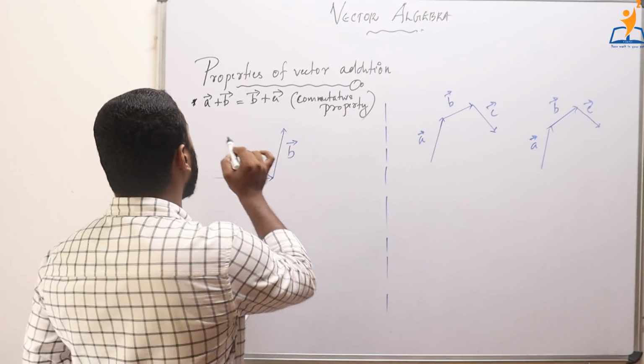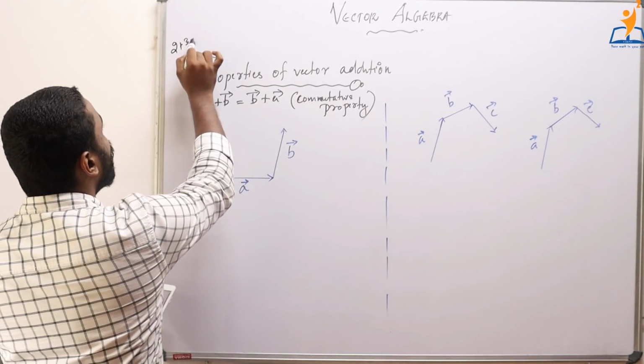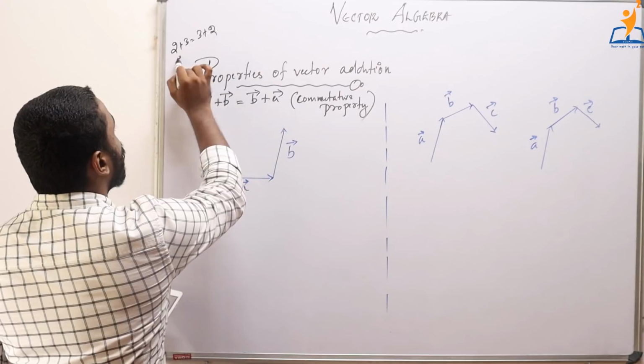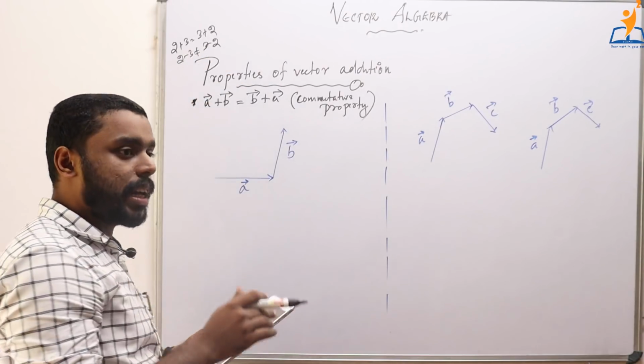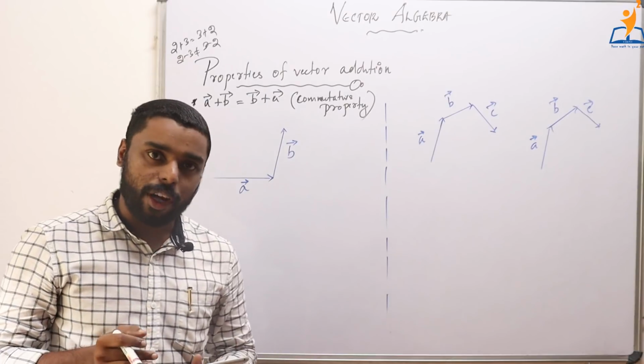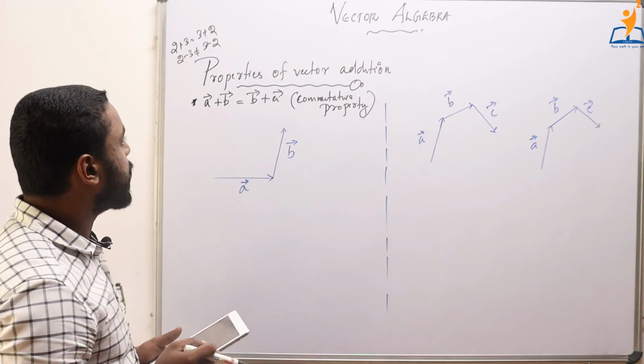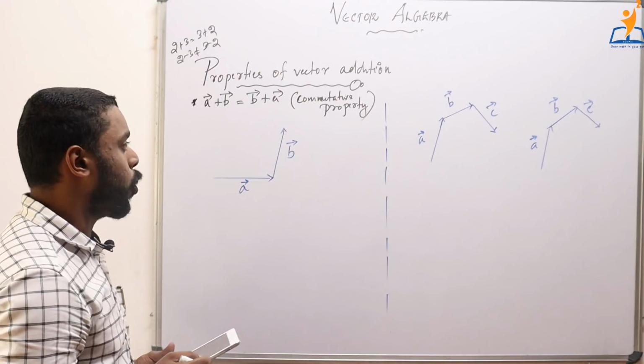For example, we know that 2 plus 3 equals 3 plus 2, but 2 minus 3 is not equal to 3 minus 2. So there are operations which are commutative as well as non-commutative. In this case, vector addition is a commutative operation.